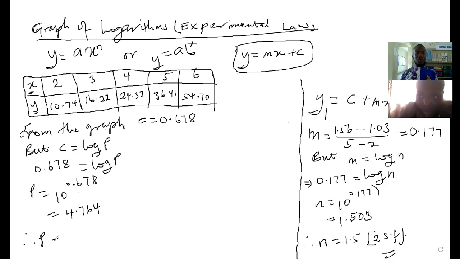Yes. So therefore our P becomes 4.8, to two significant figures. All right. So this is where we end our B.